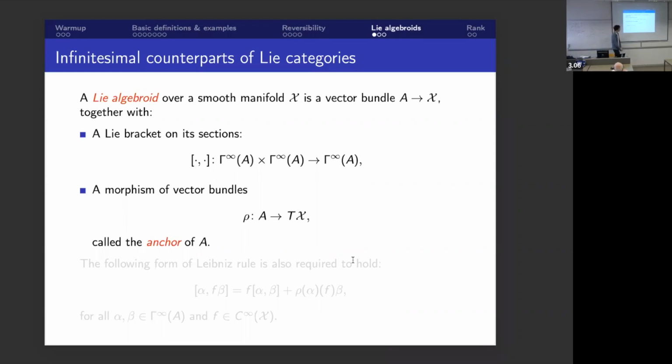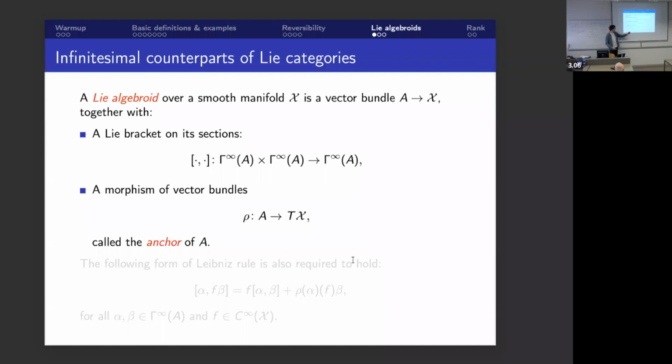Before doing this construction, let us first define what a Lie algebroid is. It's the analog of a Lie algebra where we have not only one object but many objects. It's basically a vector bundle such that we have a Lie bracket on its sections, and it also comes equipped with a morphism of vector bundles from this vector bundle to the tangent bundle of the base manifold.